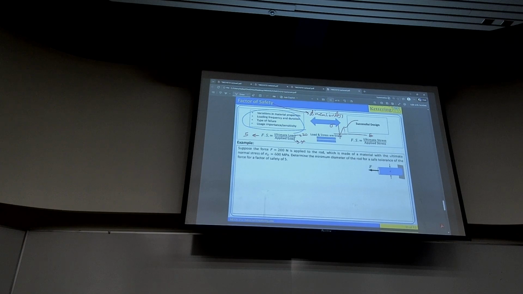Raise your hand. Yes? Elastic region versus plastic region. So our focus is the elastic region, and for that region, this relationship applies.